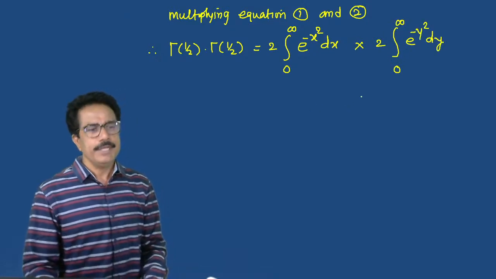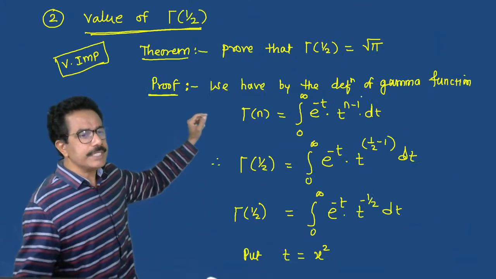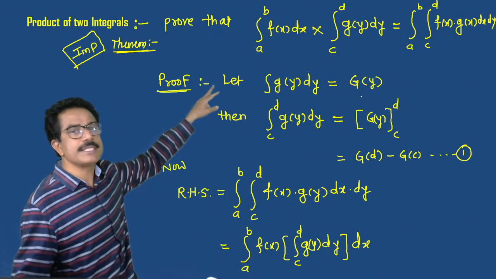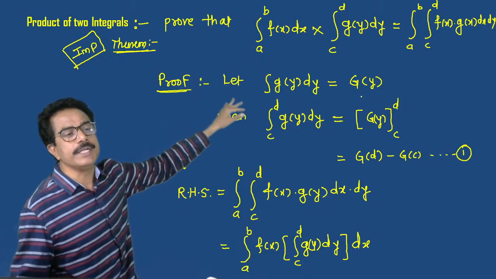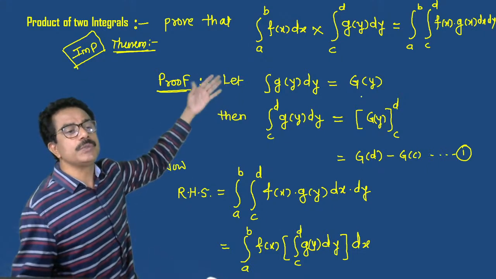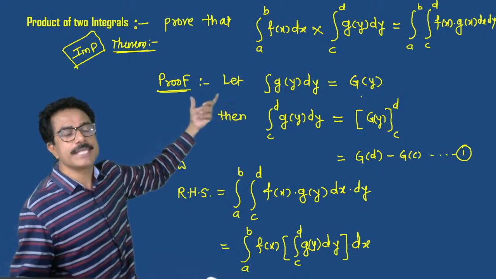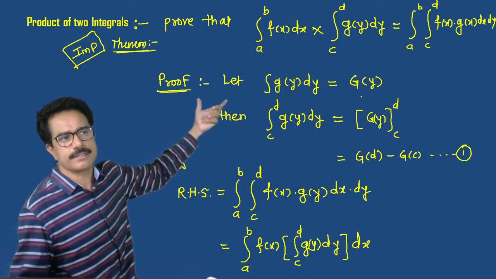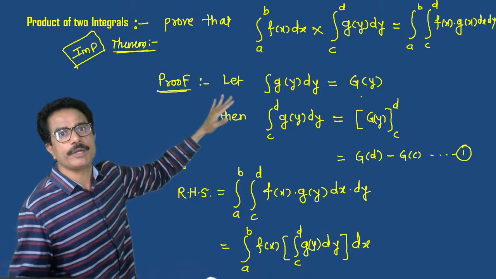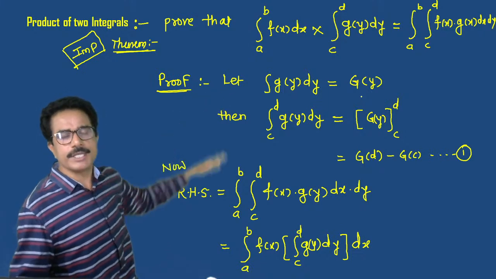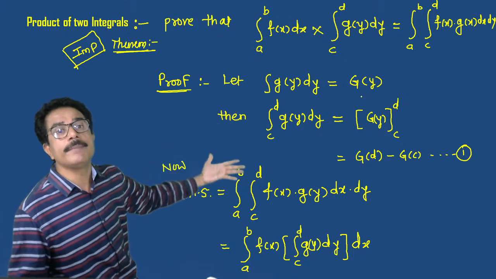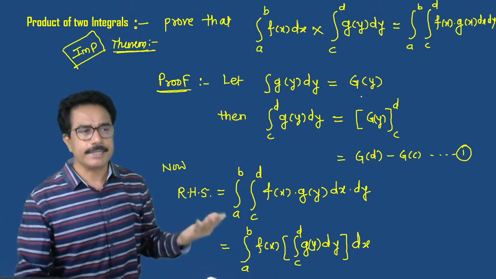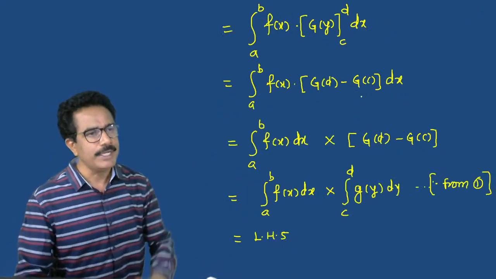Is it okay? So by using this theorem, integral from a to b f of x dx into integral from c to d g of y dy, these are the two different integrals with respect to x and with respect to y. Then according to this theorem we can combine these two integrals in the form of a double integral.